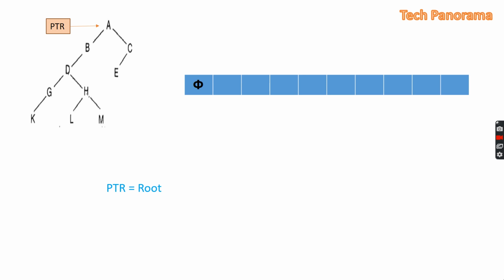So first we will push A to the stack, then the pointer will move to the next left part, that is B. First we will push it to the stack, then PTR will move to the next left, that is D. We will push D to the stack and the pointer will move to the left of D, that is G. Now we will push G into the stack, then it will move to the left of G, that is K. Now we will push K into the stack.